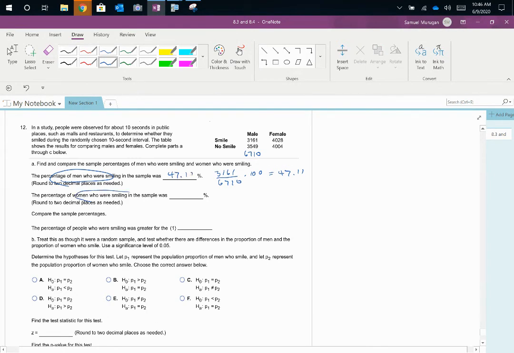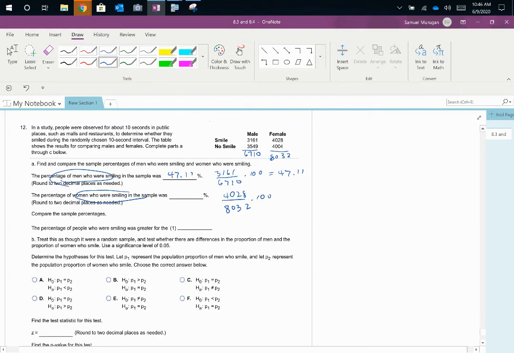And then the percentage of women who were smiling, so the woman total column is 4028 plus 4004, which is 8032. So a woman who was smiling was 4028 over 8032 times 100.